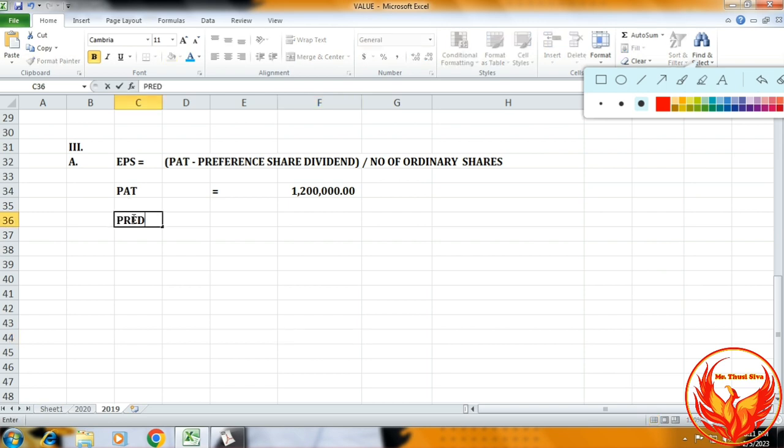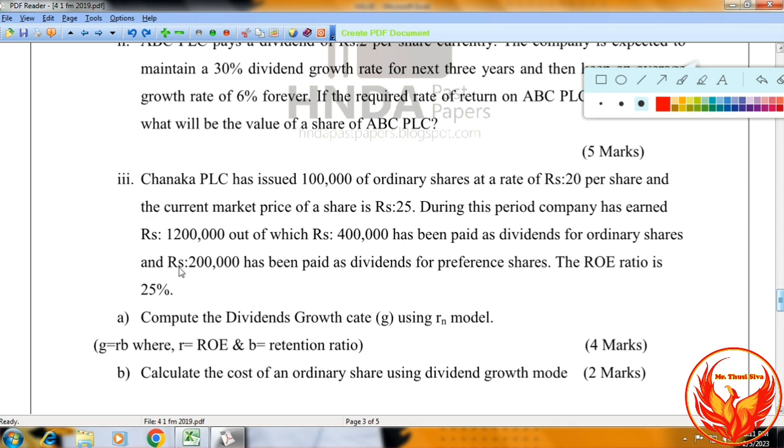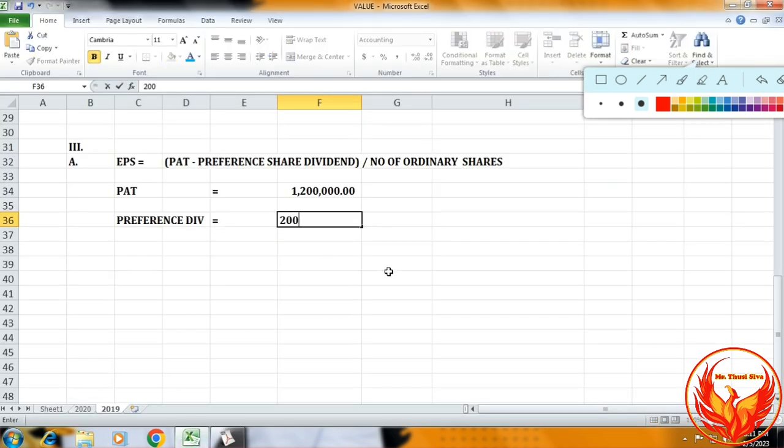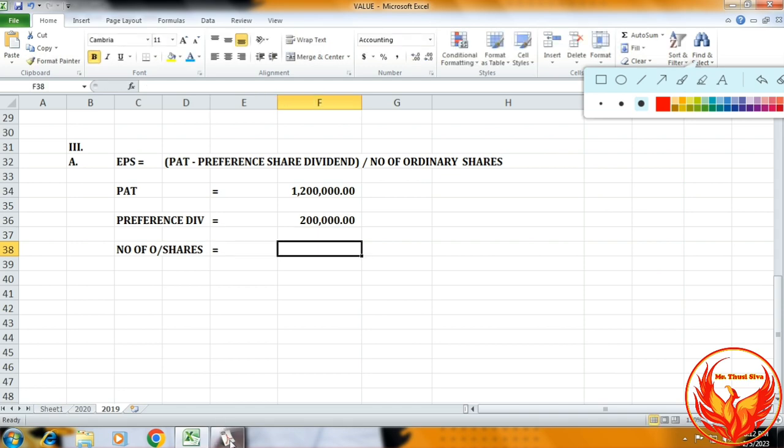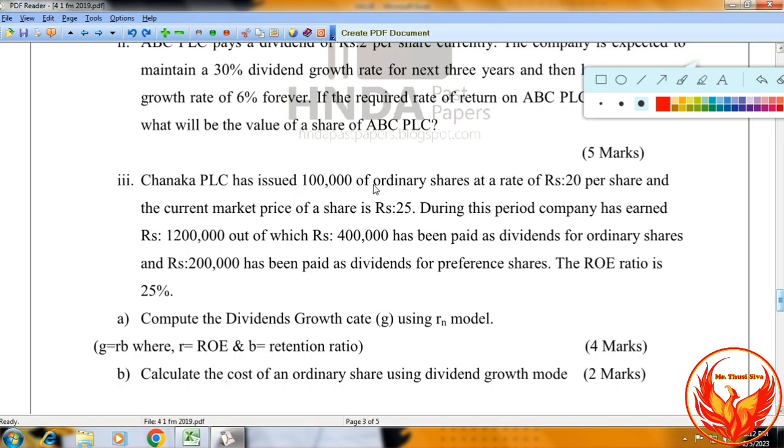Preference share dividend is $200,000. The number of ordinary shares is given in the question as 100,000.